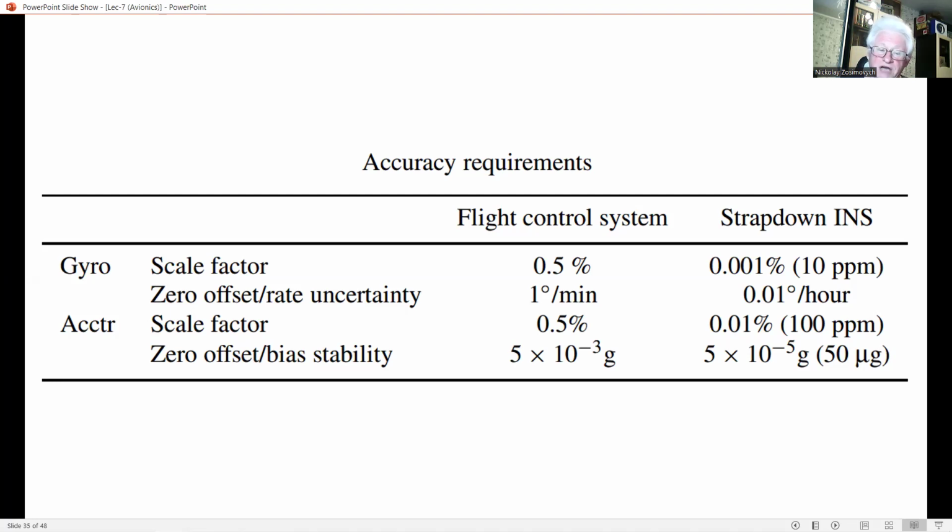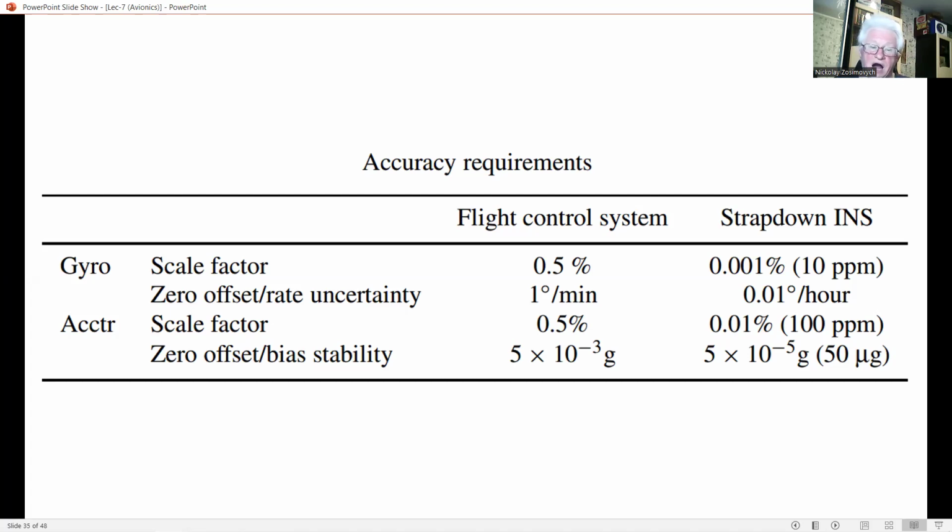The first production laser gyro-based inertial navigation system, which required only 0.01 degrees per hour accuracy, went into large-scale civil airline service in 1981.